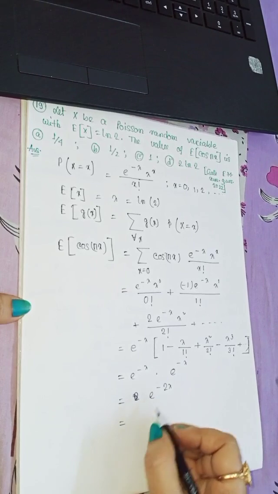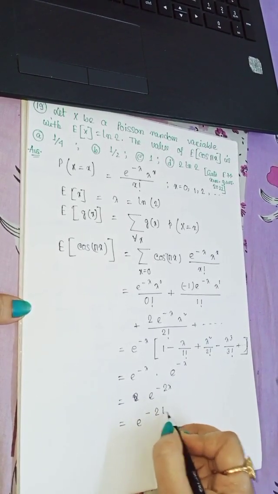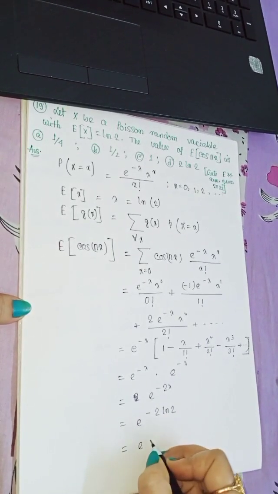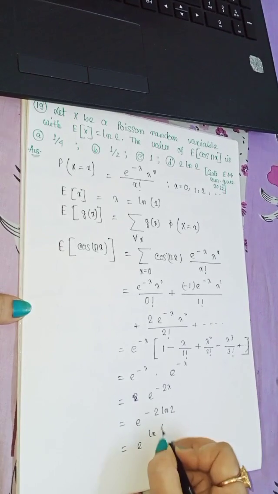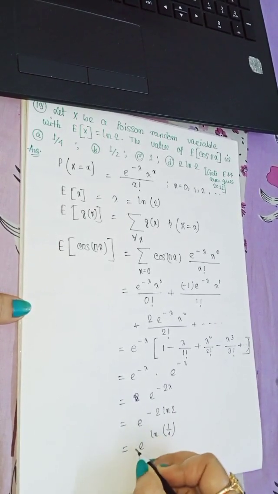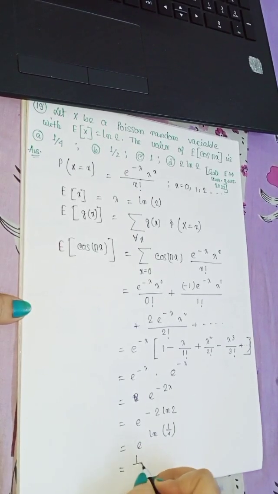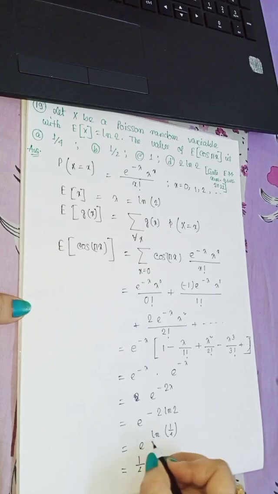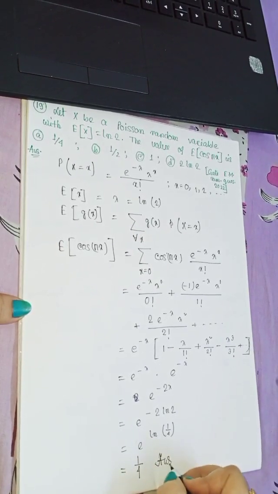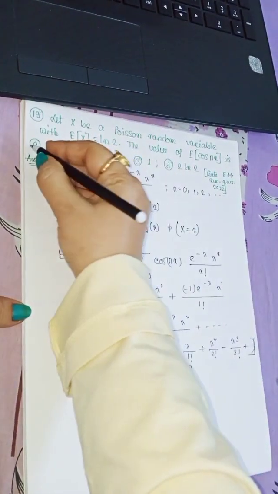So we put e to the power minus twice ln 2, that is equal to e to the power ln 1 by 4, and that equals 1 by 4. So we reached our required solution, and our correct option is option A.